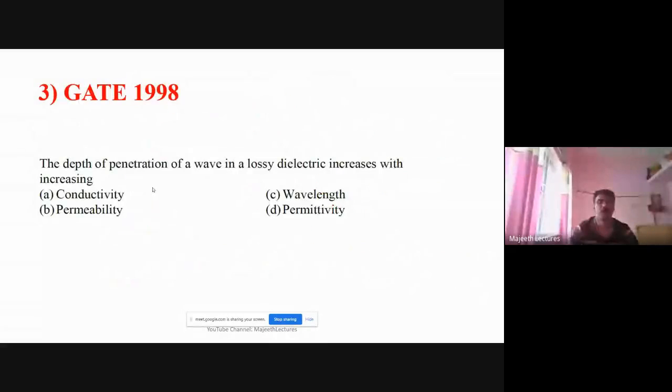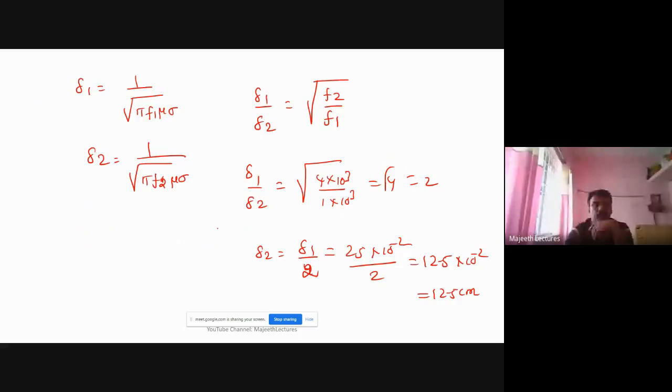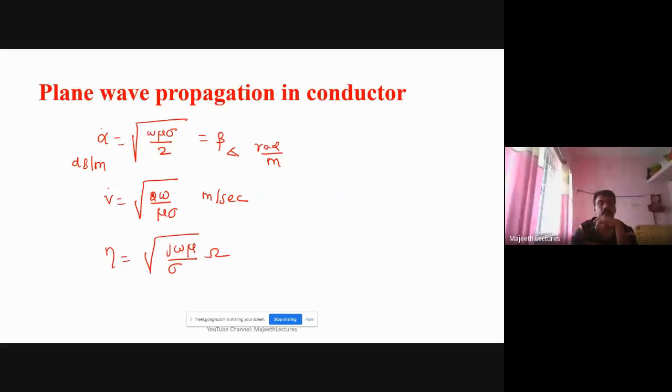Next question is, the depth of penetration of a wave in a lossy dielectric medium increases with increase in lambda. Why? Let us see. We know del is equal to 1 by alpha, right? We know alpha is directly proportional to frequency, from omega is 2 pi f.